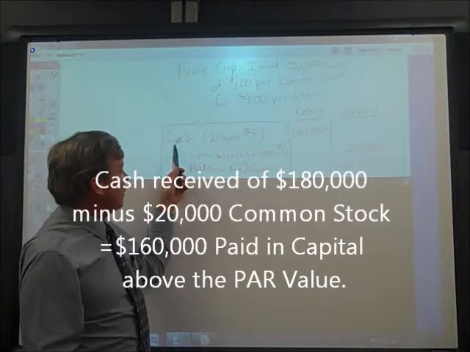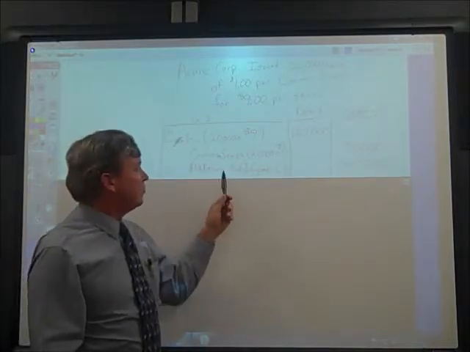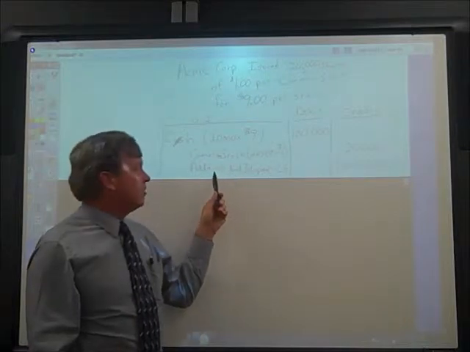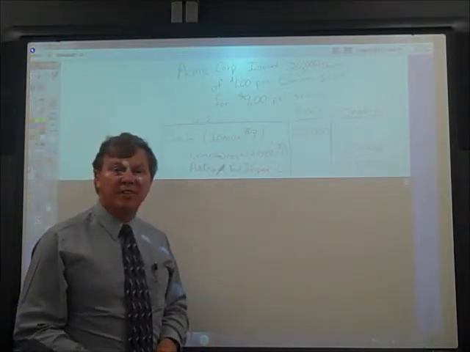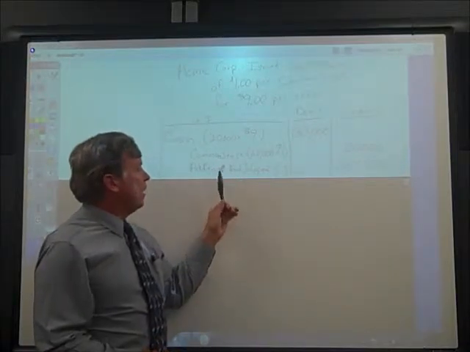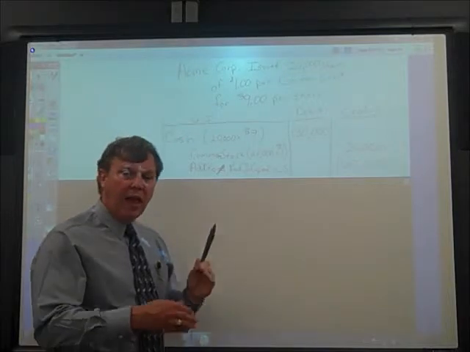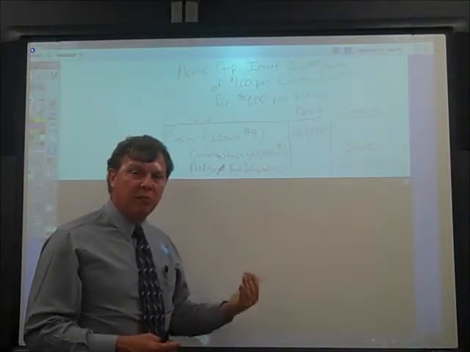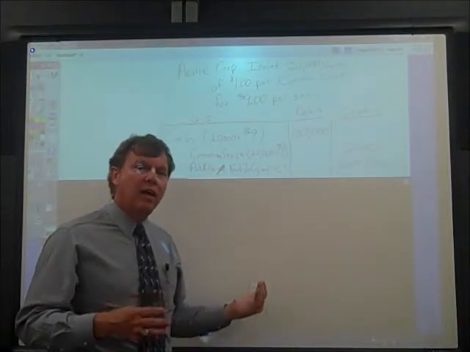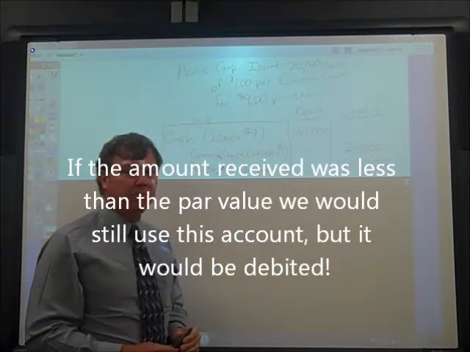So debit cash for $180,000, credit common stock for $20,000, and we're going to credit additional paid-in capital of $160,000. For any transaction with our common stock, we're always going to be using this account as the adjustment factor, the difference between what we received and the common stock at its par.